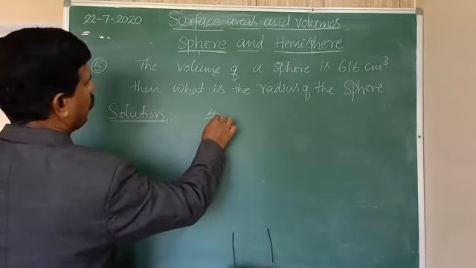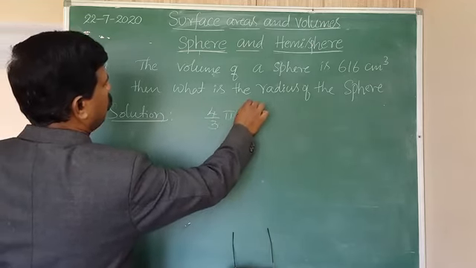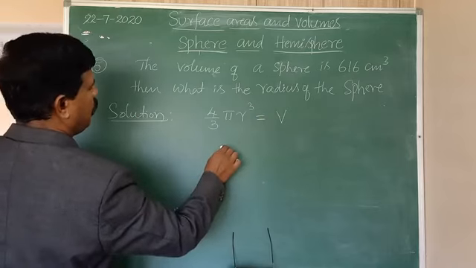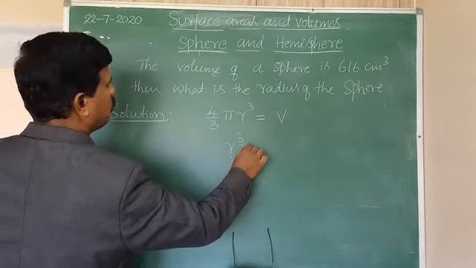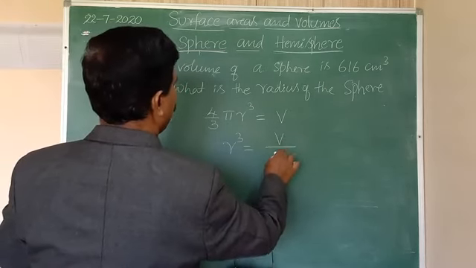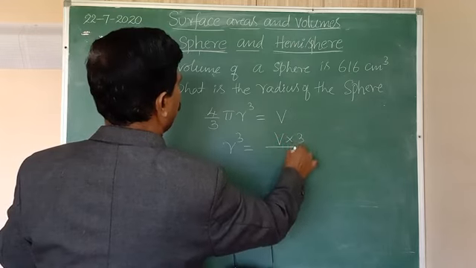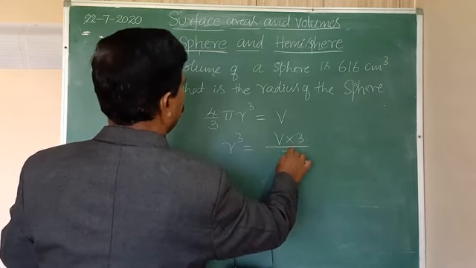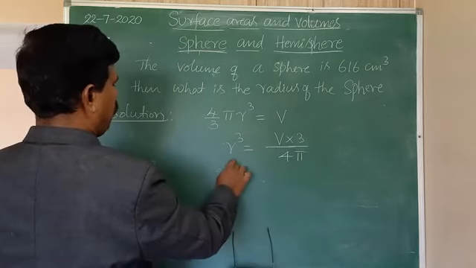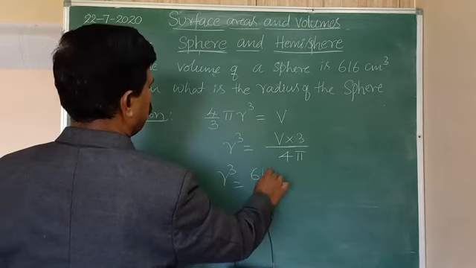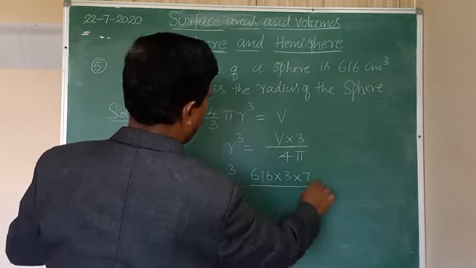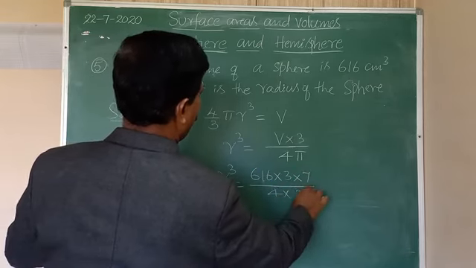So 4 by 3 pi r cube is equal to volume. Then we want r, so keep this, r cube is equal to V into 3 by 4 pi. Okay, r cube is equal to 616 into 3 into 7 by 4 into 22.